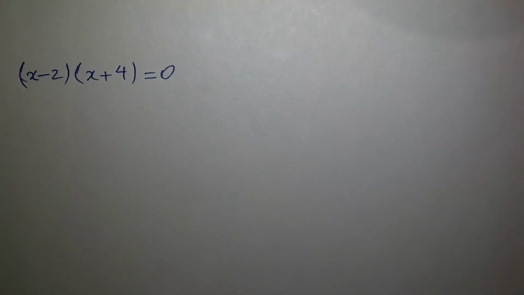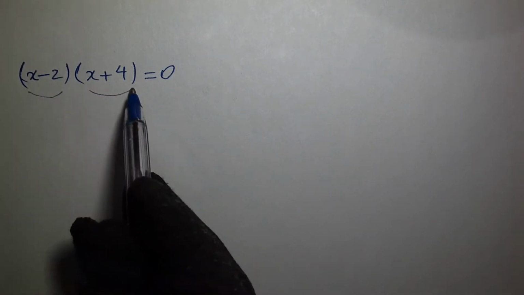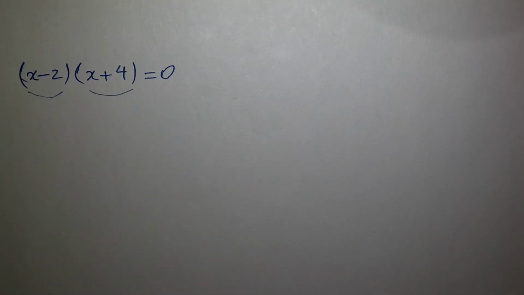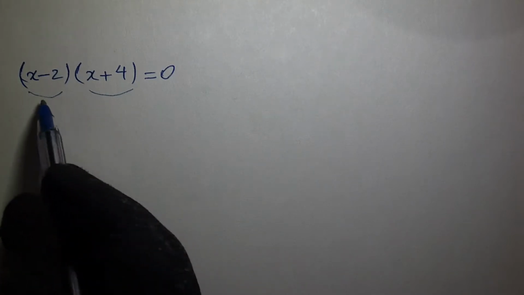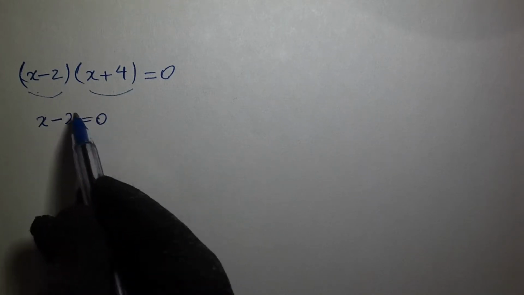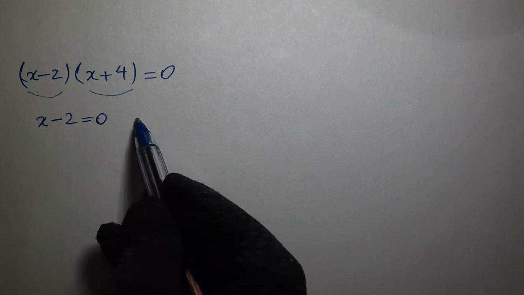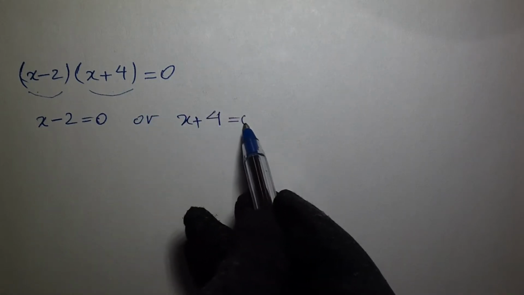This is an example from your notebook, and the question says solve this equation. You see here we have the multiplication of two parentheses equal 0. So we have the zero product property. If we use that property, each of these parentheses is a factor. So x minus 2 could be 0, or x plus 4 could be 0.